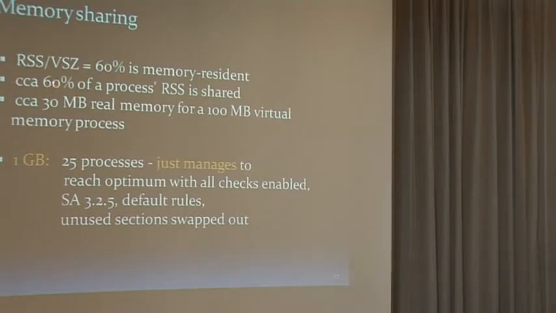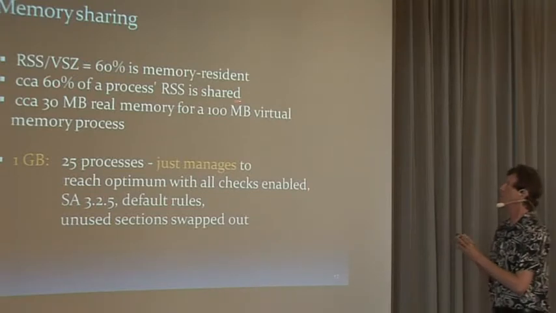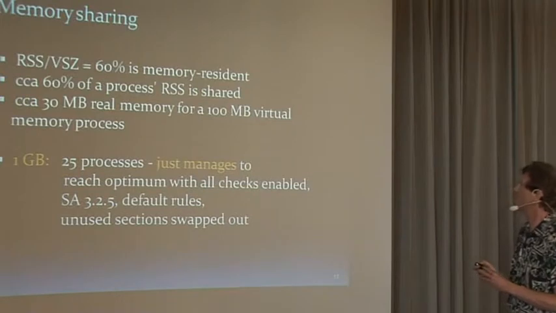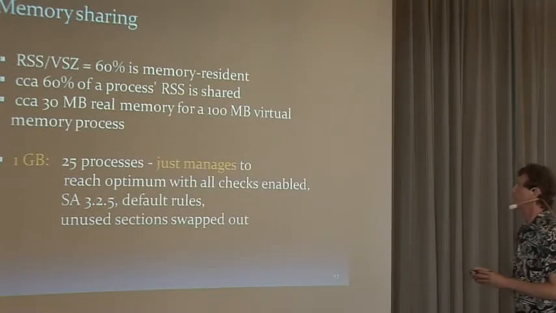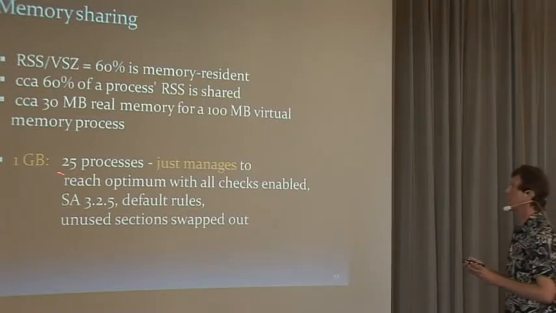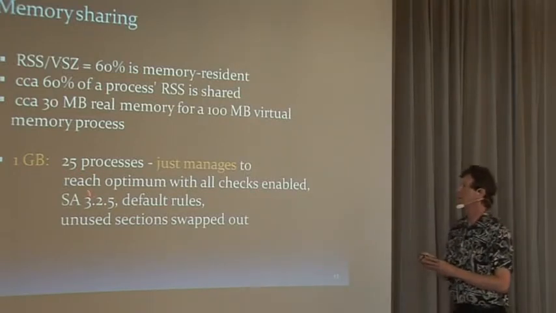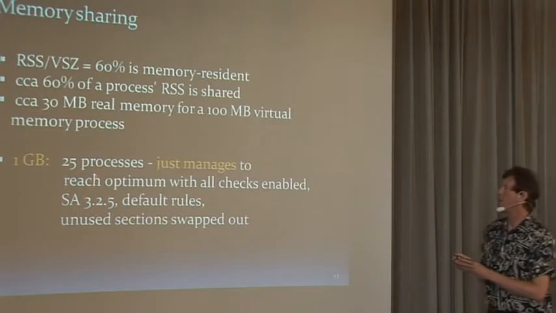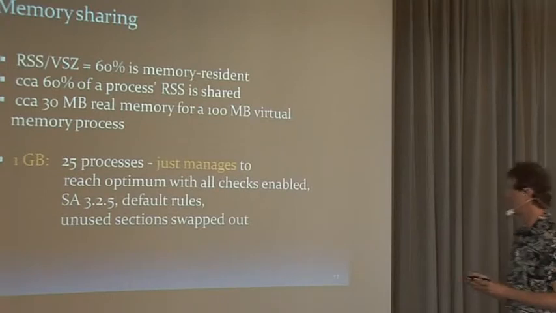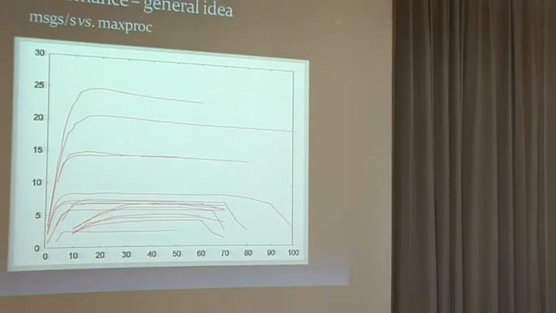I mean, in addition to this 60%, which can be paged out, some of the remaining code is shared among processes. Okay, that's a rough estimate: about 1 gigabyte for a minimal configuration that runs about 20-25 processes.